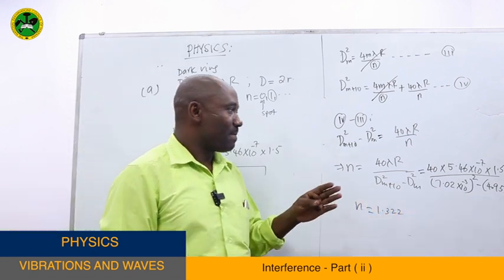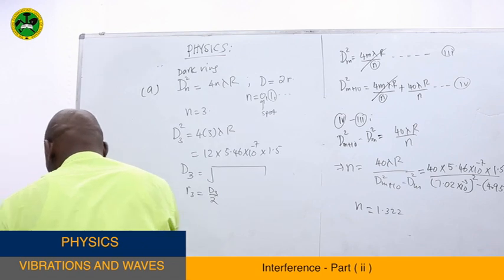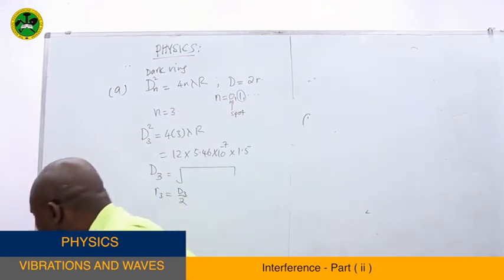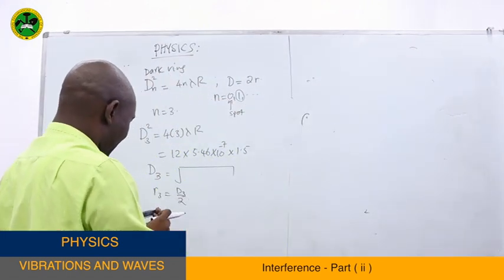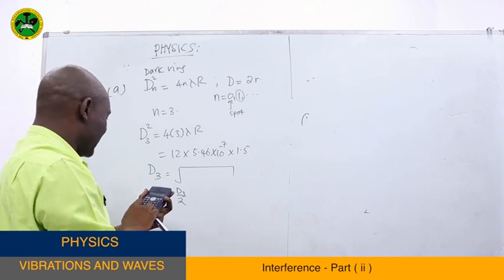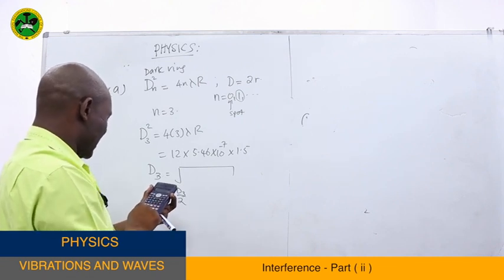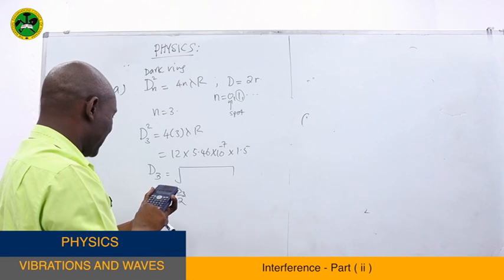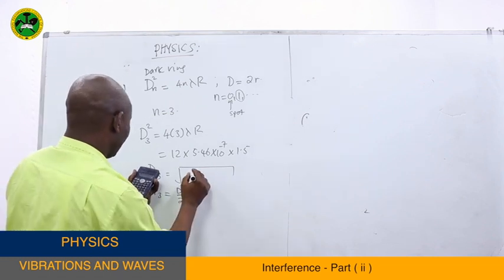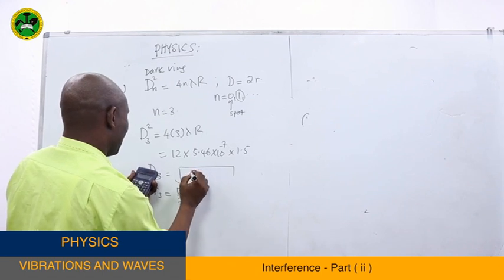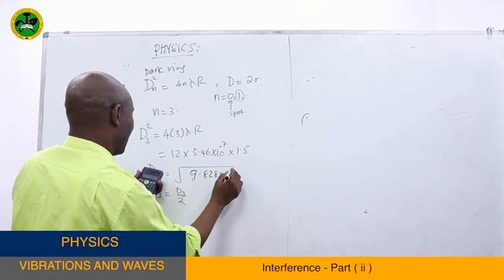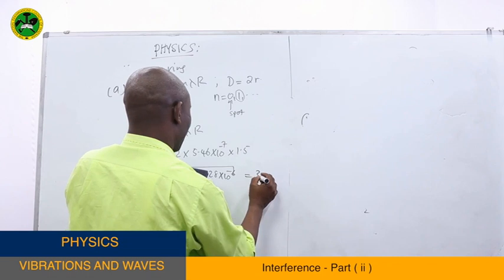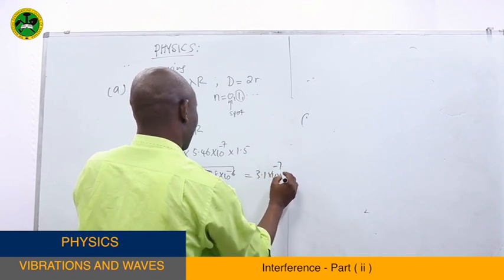So if you use your calculator, take 12 times 5.46 e power negative 7 multiplied by 1.5, you get 9.828 times 10 negative 6, and the square root of that gives you 3.1 times 10 negative 3 meter.